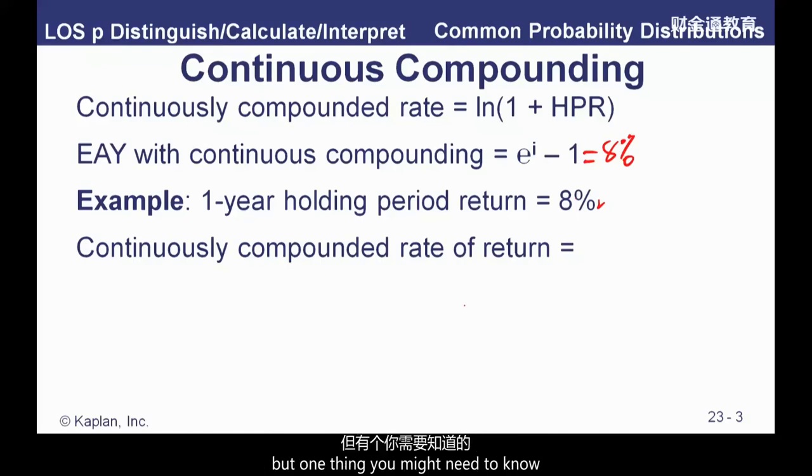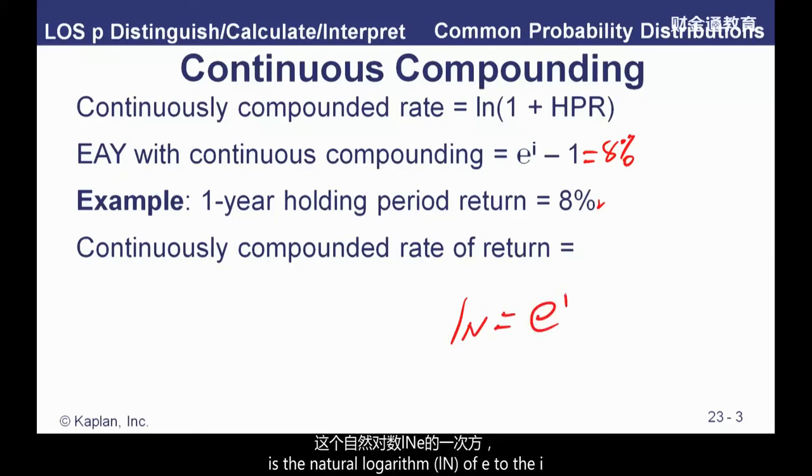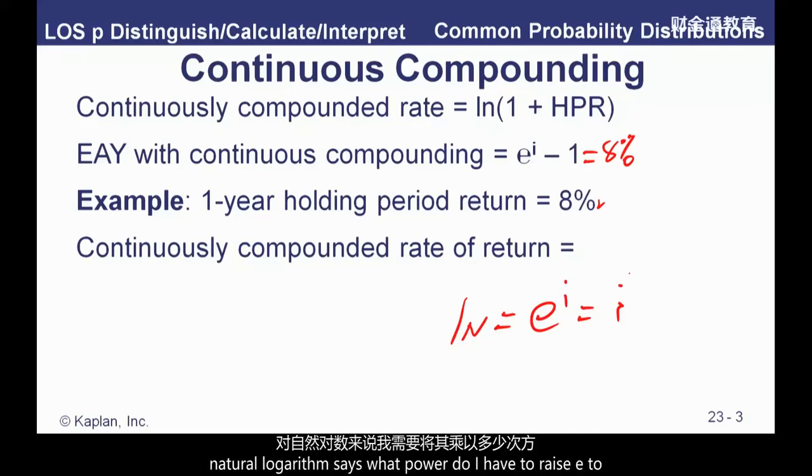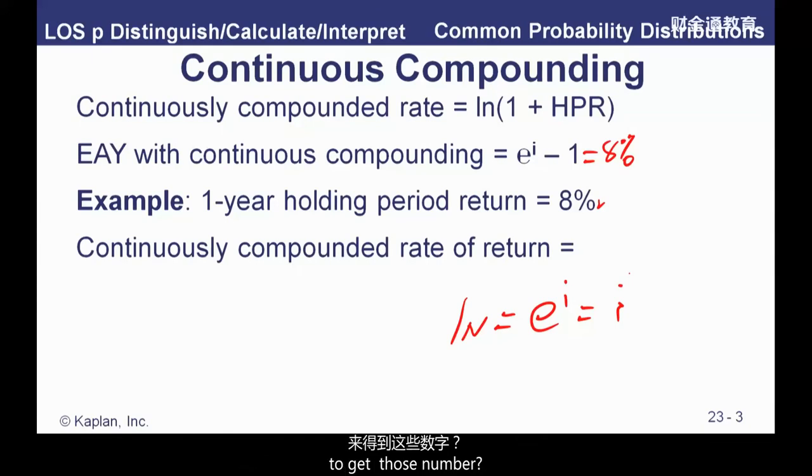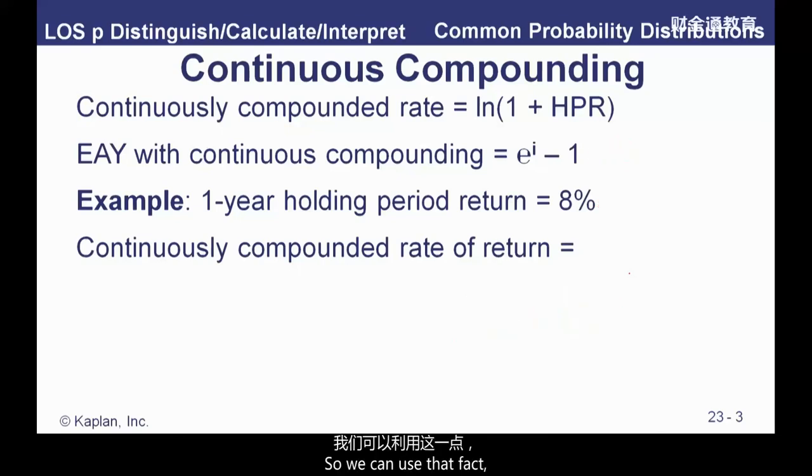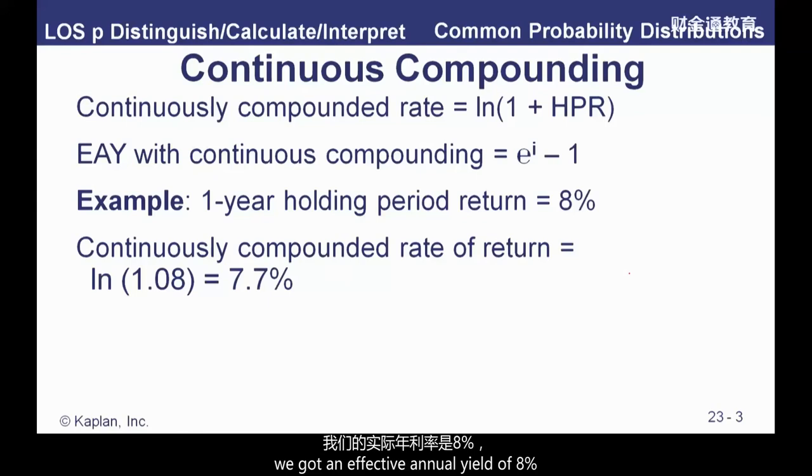But one thing you might need to know is that the natural logarithm of e to the I equals I. So that e function to the power and the natural logarithm says what power do I have to raise e to get this number? So those are just inverse of each other, going back and forth. So we can use that fact. We've got an effective annual yield of 8%.